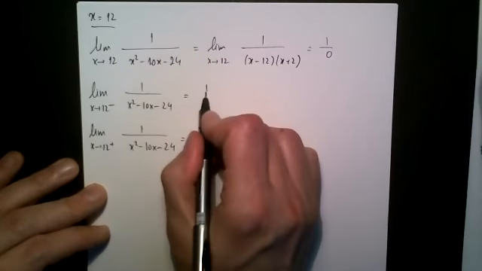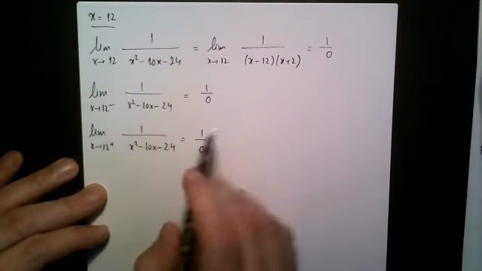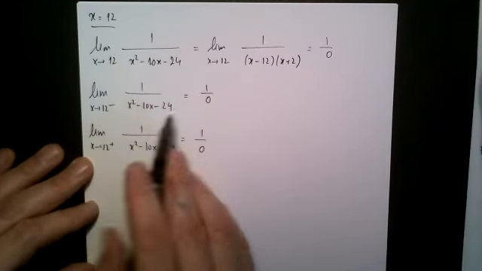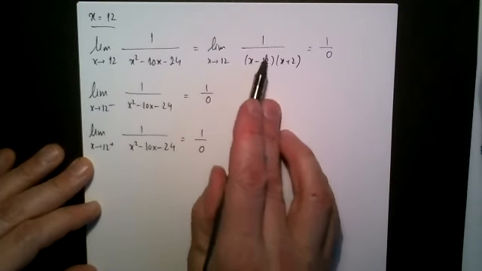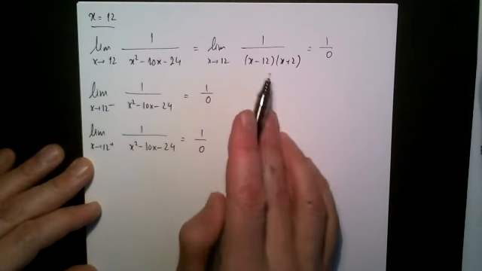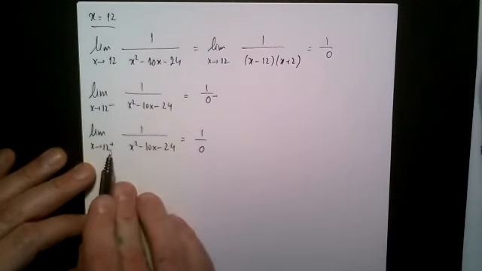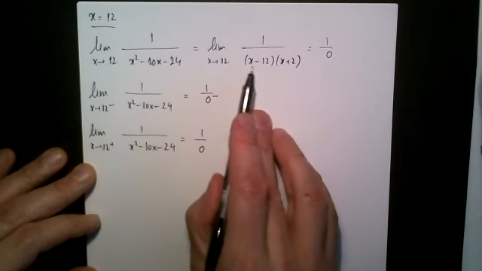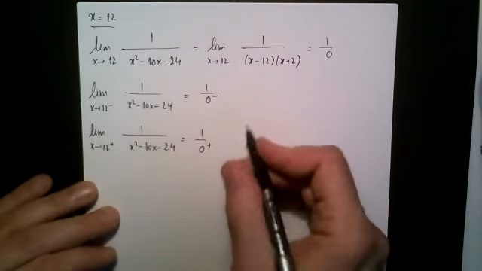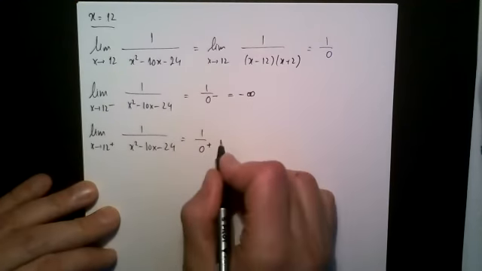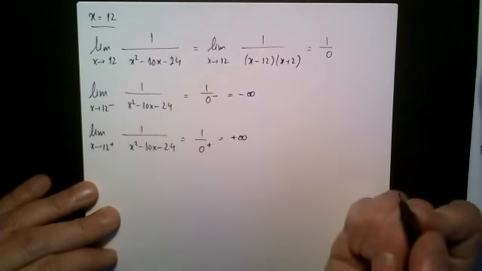So in this case, 1 over 0. If I'm approaching 12 from the left, this will be negative. This is always positive. So this is negative, so I will have minus. And if I'm approaching 12 from the right, this is positive, and positive is positive. Negative infinity, positive infinity.